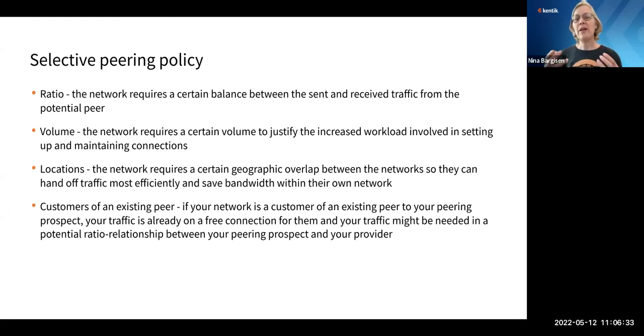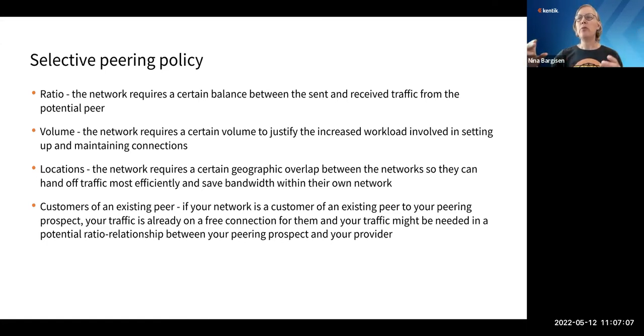Finally, we have the customers of existing peers. It's a difficult one, but it's a requirement to secure that the network is not upsetting their existing peers by starting peering with some of their customers, and that way removing revenue from the existing peers. Another point to think about for this requirement is that the traffic of these customers could be part of the ratio or volume requirement.